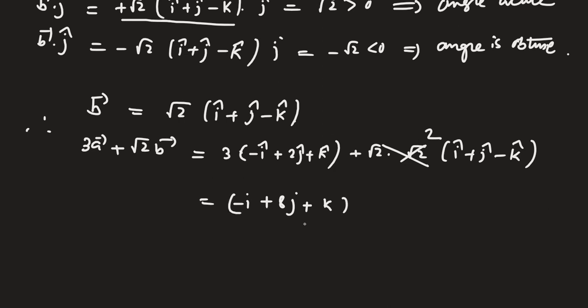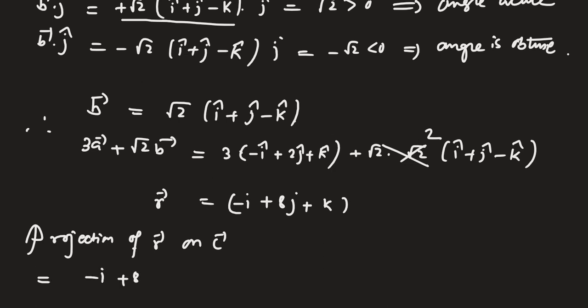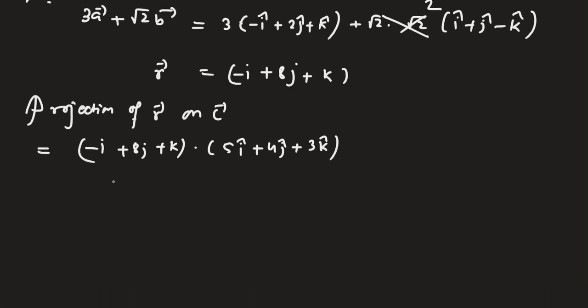Okay, so this vector I call R. So projection of R on C vector, that means minus i plus 8j plus k, take dot with C, 5i plus 4j plus 3k, divided by modulus of the C vector.